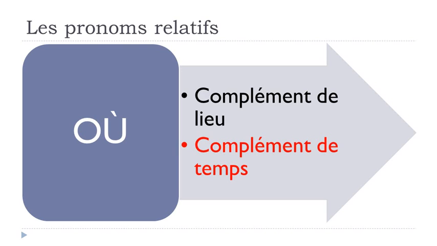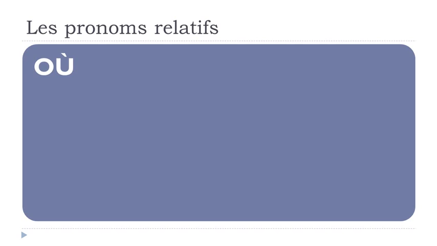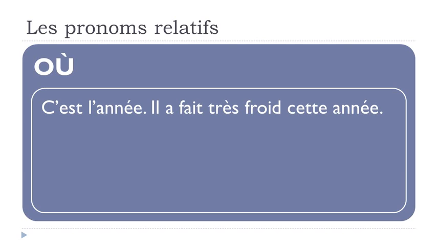Then let's have another situation when we want to replace un complément de temps. It won't be a place, but it will be something with the time. So où, c'est l'année. Année is year, c'est l'année. Il a fait très froid cette année. You can see here that you've got this passé composé form. Faire froid, when it's cold, so it was cold, cette année.